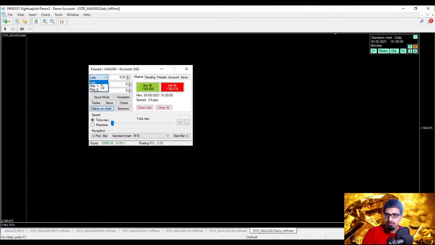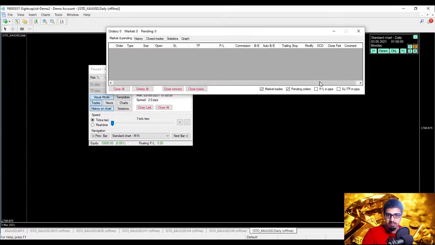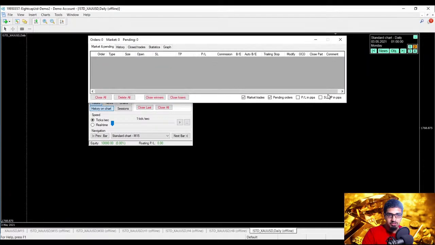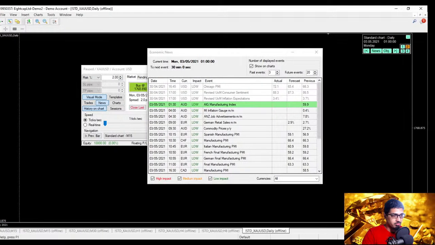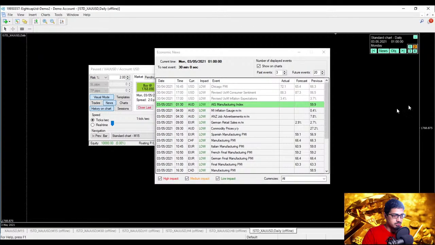So in terms of risk, we're gonna do 2% risk. Stop loss, we're gonna do visual mode. Trades. Let me bring this up over here. We want our profit in pips and our stop loss in pips. News, let's bring that up. We will have NFP, so we want to keep track of that.